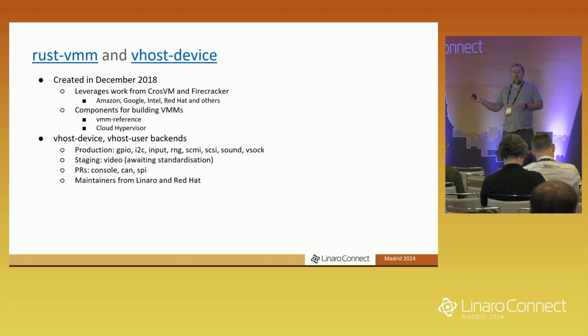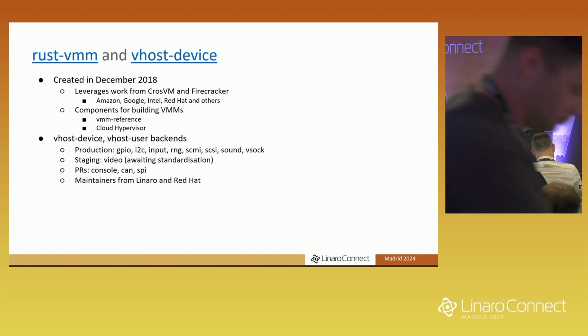Obviously, there is a VMM reference, which is a relatively toy VMM, but uses the Rust VMM components to build stuff. Other examples include Cloud Hypervisor, which is a big hyperscale VMM. And there's also various other interesting projects that use the Rust VMM components like libkrun, stuff like that.